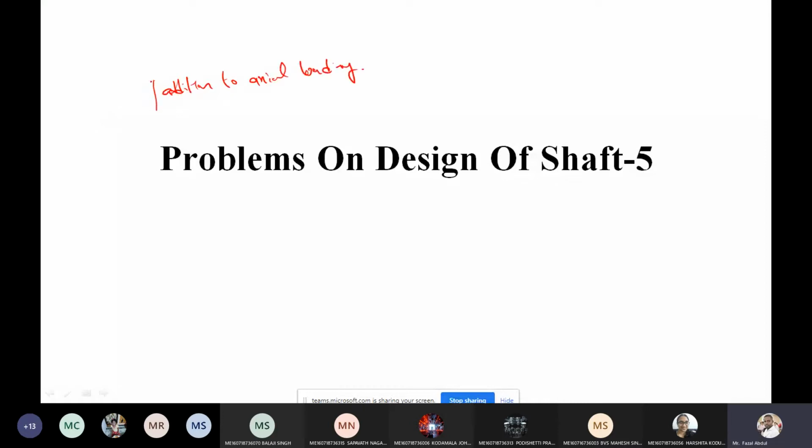After this we have only the last two topics based on rigidity criteria: lateral rigidity and torsional rigidity. If we complete these two cases, the design of shaft topic is going to be over.